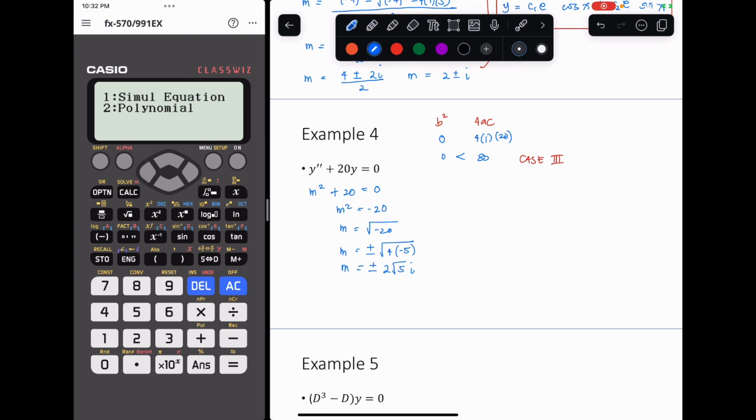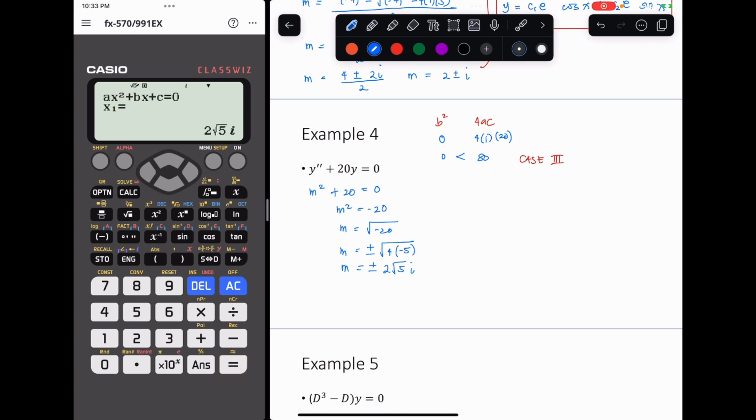So in this case, for y double prime, or m squared, our coefficient is 1. And the middle coefficient is 0. And the last one is positive 20.